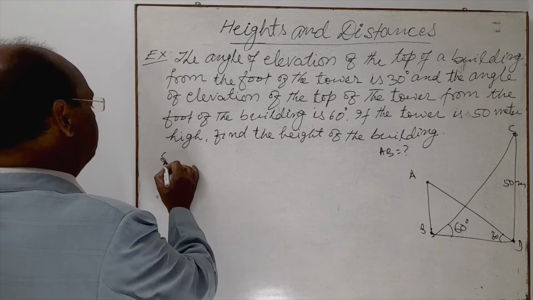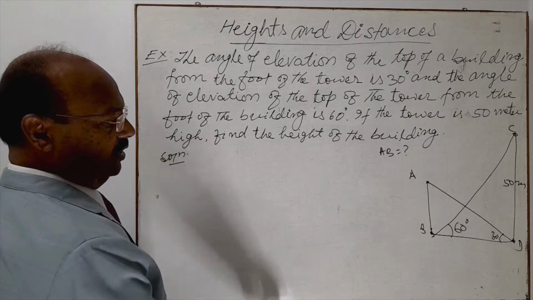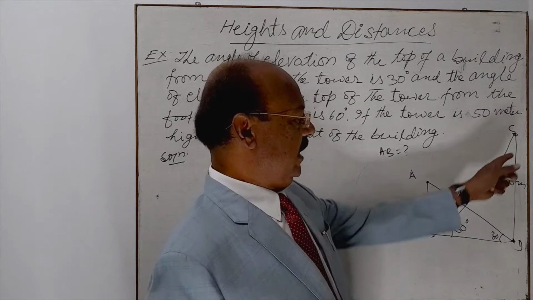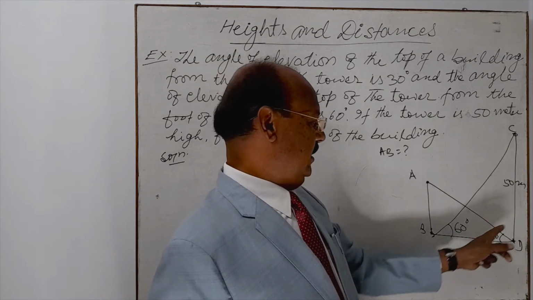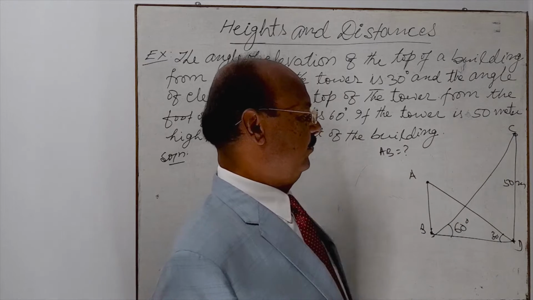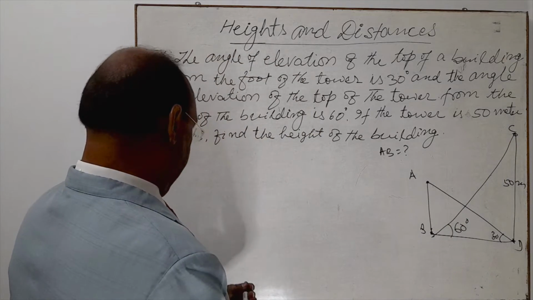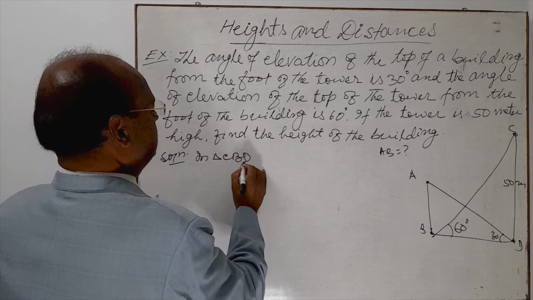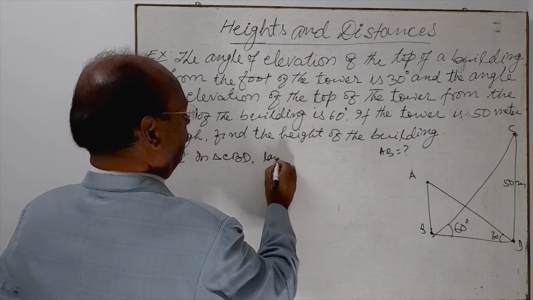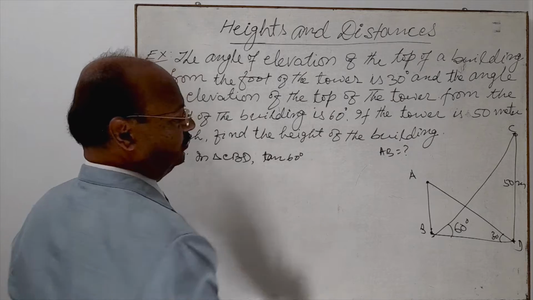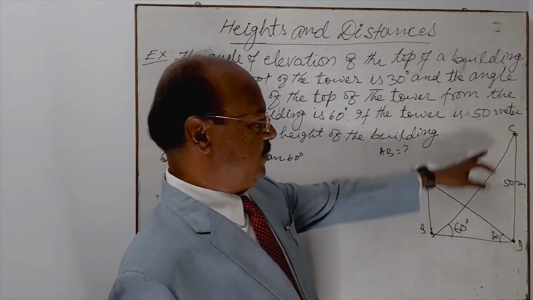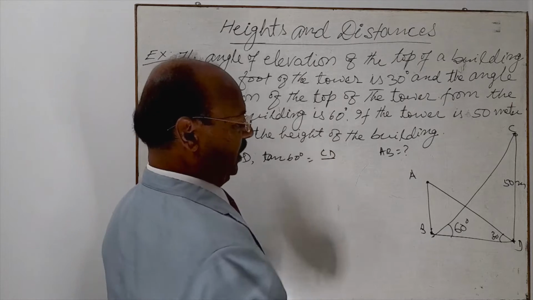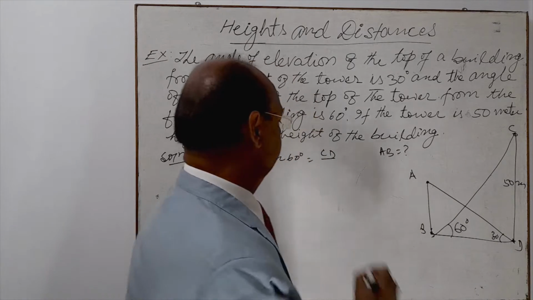So in this solution, first of all, let us take right angle triangle CBD. In right angle triangle CBD, tan of 60 degrees is perpendicular CD by base BD.